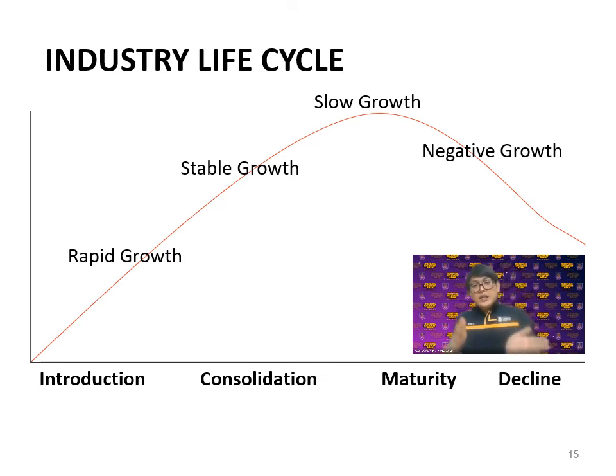Okay, so after the introduction phase, this business will move to the consolidation phase. After a product becomes established, industry leaders begin to emerge. The survivors from the introduction phase are more stable and market share is easier to predict. This is the rapid growth phase.